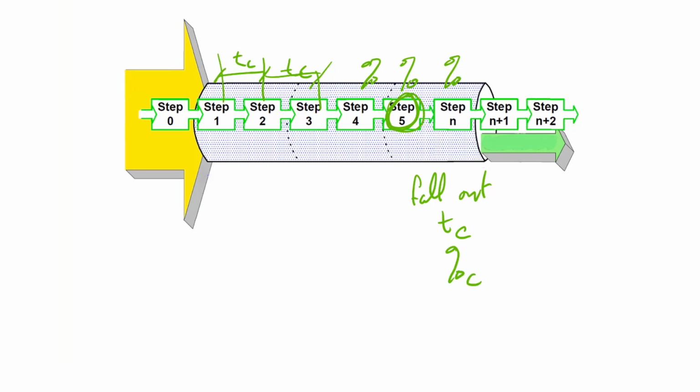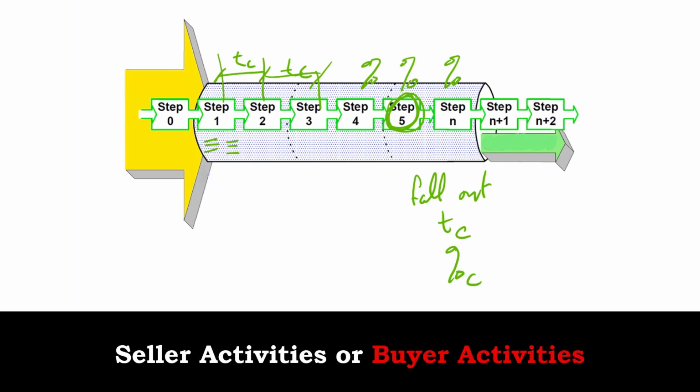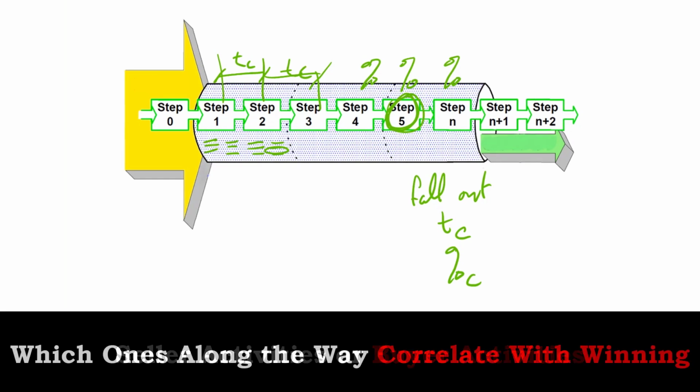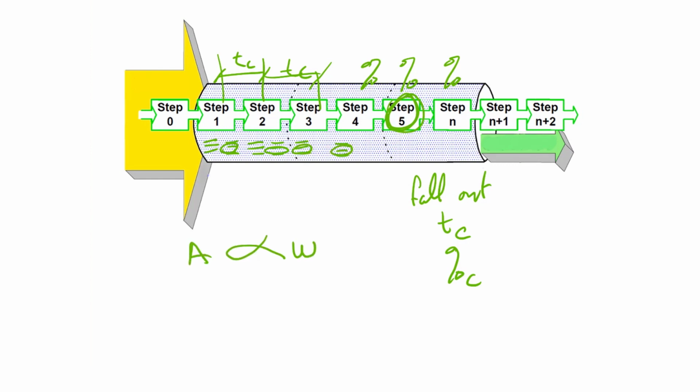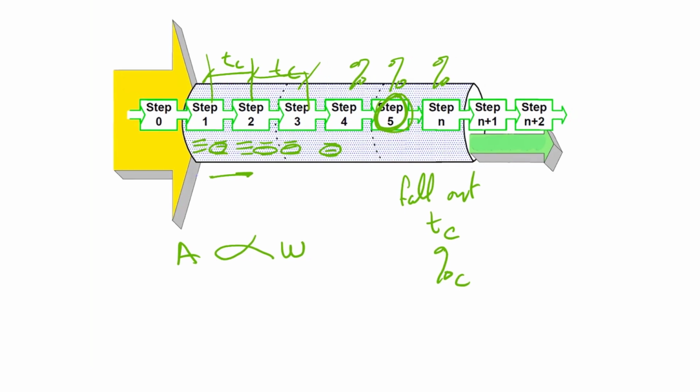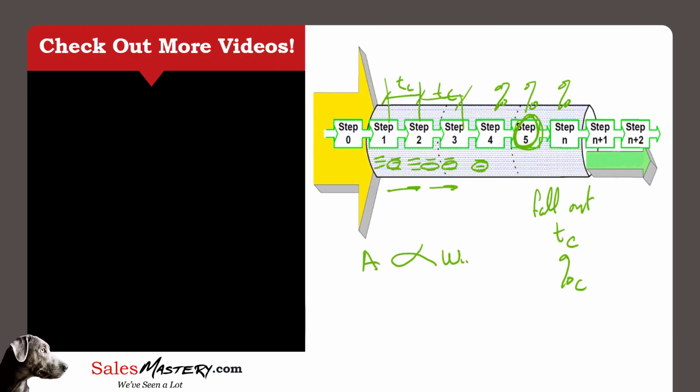What activities, either seller activities or buyer activities at each step, correlate with winning, or with moving it forward? Which activities seem to be the key ones that always show up, that move it from one step to the next, and that in the end correlate with winning?